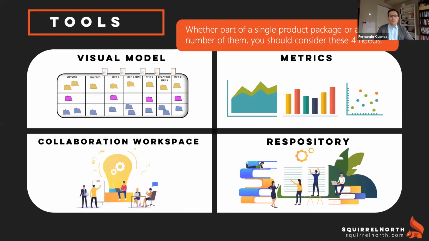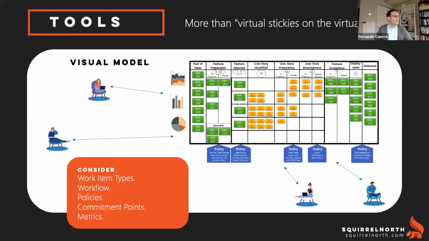We wanted to convey a message here that going digital is much more than simply transferring stickies and having virtual stickies on a virtual wall. There are actually 4 big areas that you might want to consider when you are building your ecosystem, your virtual environment. The visual model aspect is definitely the first.